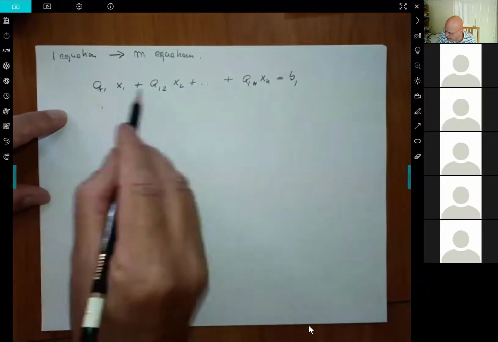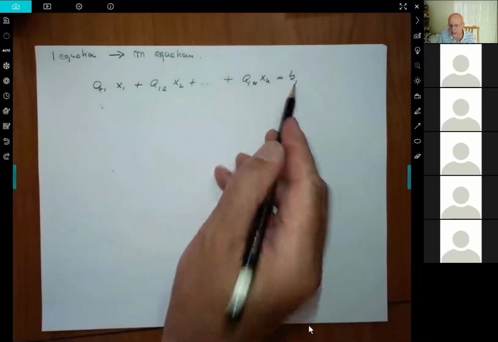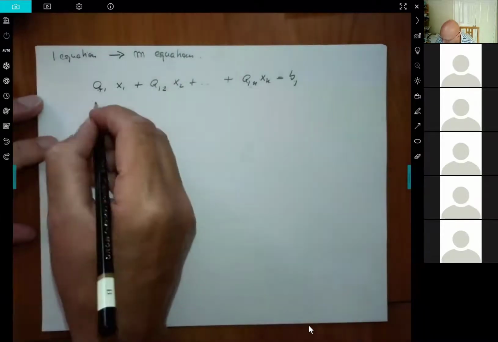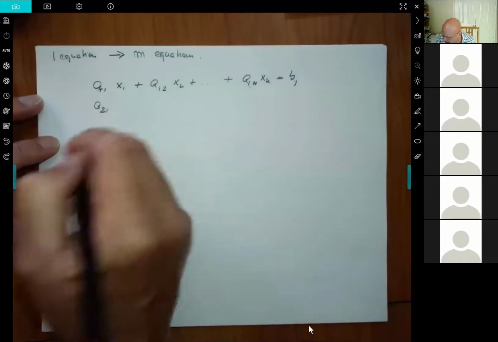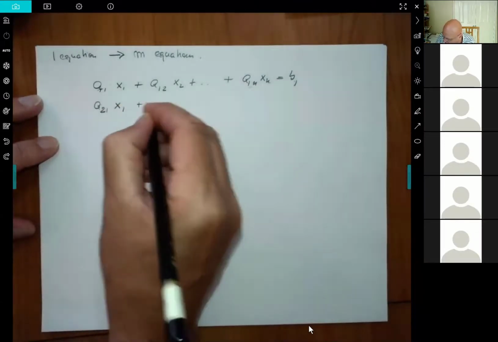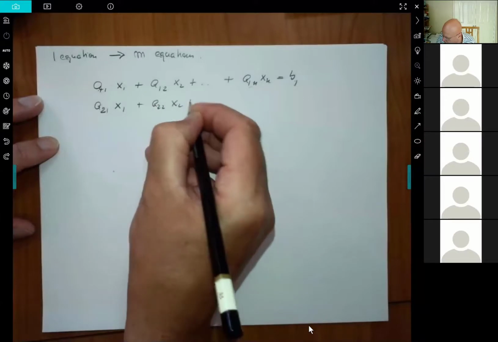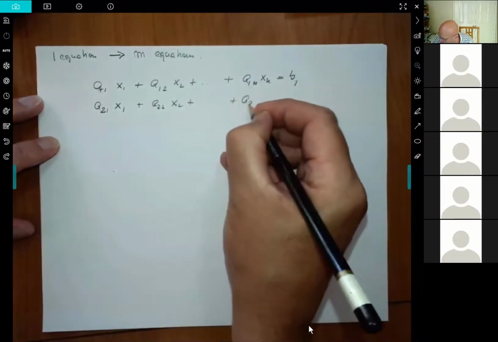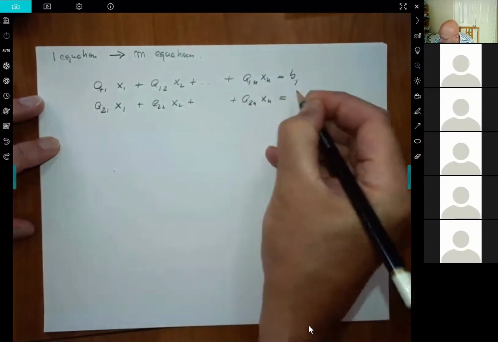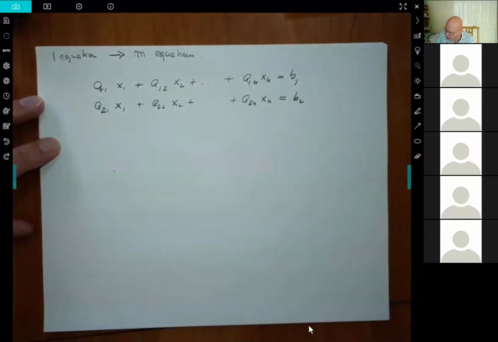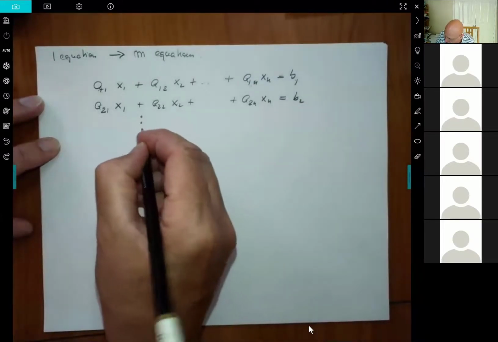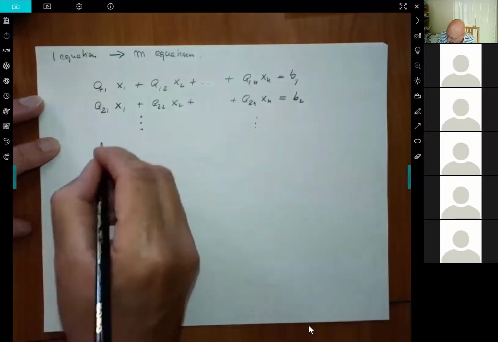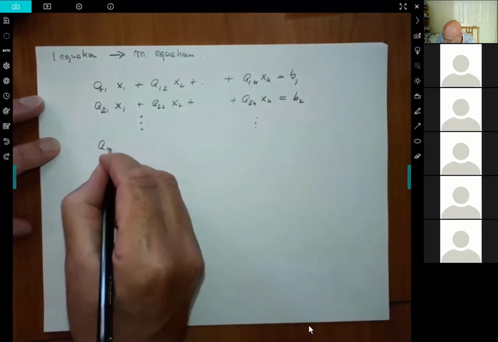So everywhere there is a 1, and 1 means we are in equation number 1. So now we can actually write equation number 2 as a21 x1 plus a22 x2 plus a2n xn equal to b2. And now we can continue this up to equation number m.